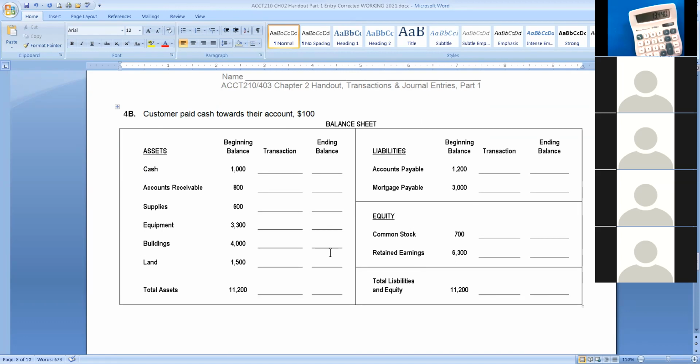Customer paid cash towards their account. This is another way of saying the same. I think I pulled this out of the book. I think the book had a couple different ways of saying they paid on their account. I did that wrong. Let's try that again. Plus 100. Here's minus 100.